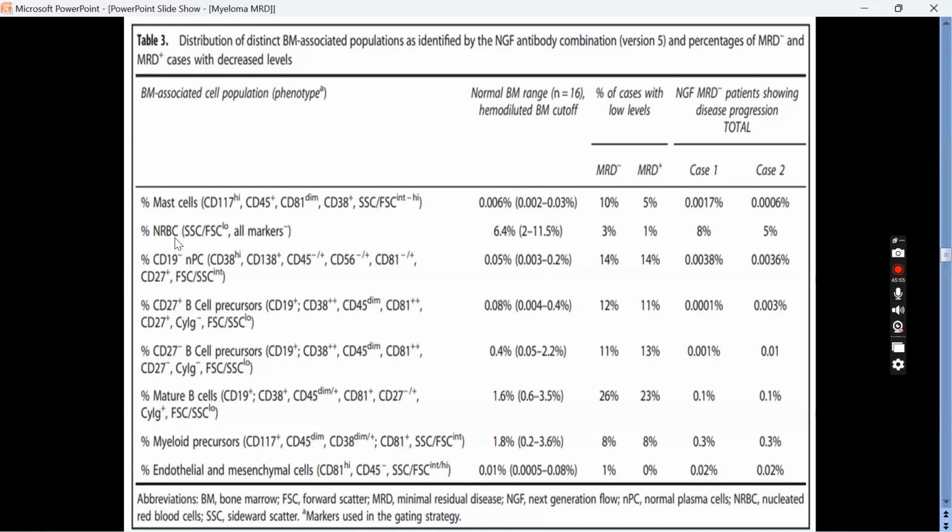Similarly for nucleated red cells, for normal plasma cells, for hematogones, mature B cells, myeloid precursors, endothelial cells and mesenchymal cells. These are normal bone marrow cells and they have established a percentage for this. If it is within this percentage, it means the marrow is not diluted.